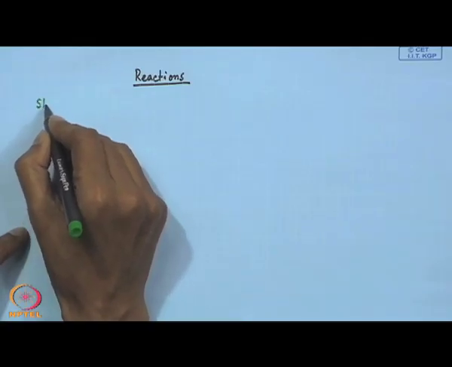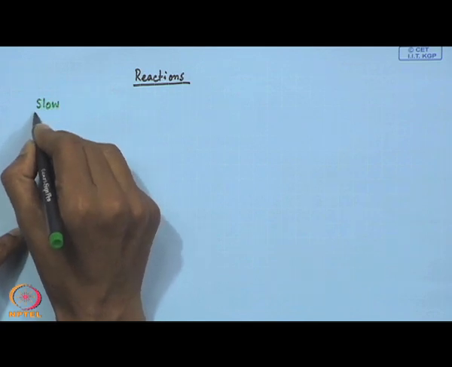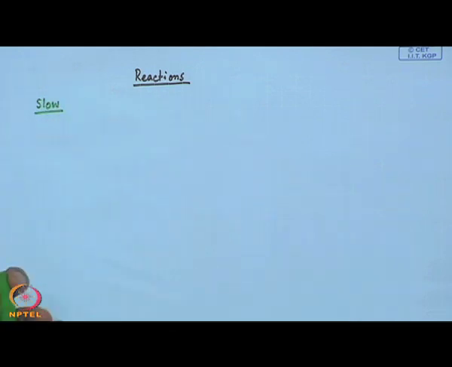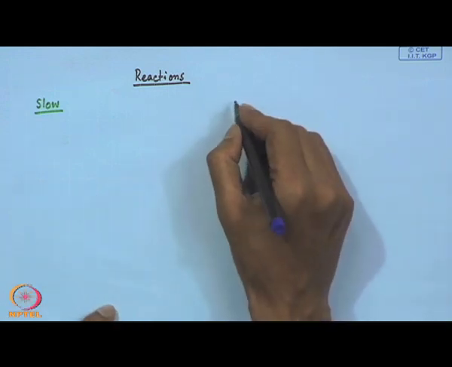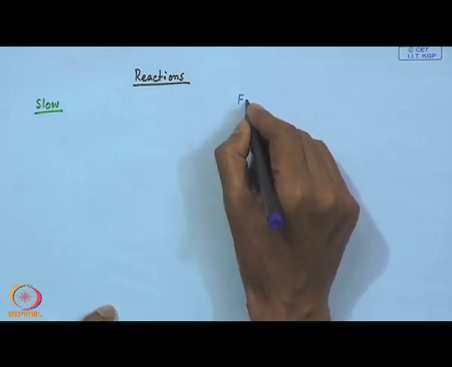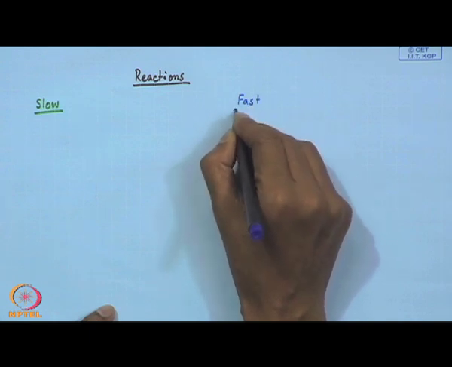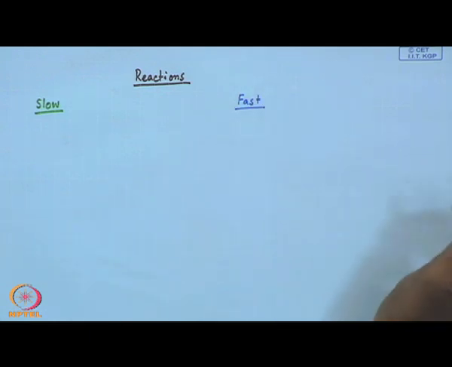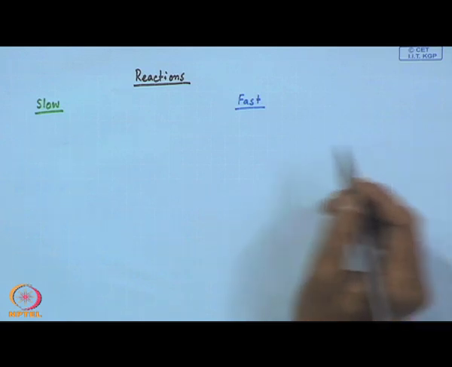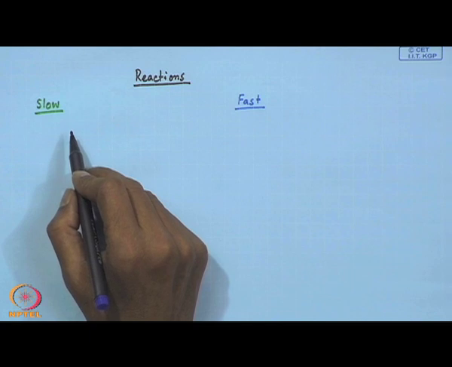Some reactions can be categorized as slow, that we have seen in our last class, and some of these reactions we can consider as fast reactions. So, it is the inherent property of the metal ions as well as the ligands which can show some of these reactions.